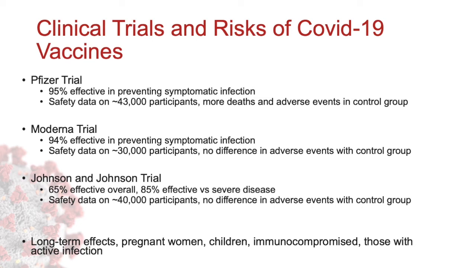But there is ongoing long-term safety evaluation of these as we move forward. There also needs to be more study on pregnant women and on children. The Pfizer trial looked at 16 and older. Moderna and Johnson & Johnson only had 18 and older. So if you're younger than 16, there really isn't good data. There is caution for people that have immunosensitivity.